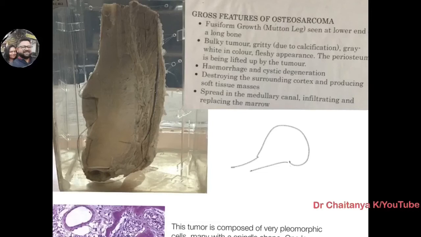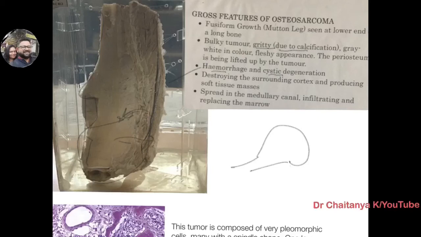This is a fusiform growth at the lower end of the bone, a bulky, gritty tumor, because while cutting it will give a sound due to calcification. It also shows hemorrhages and cystic degeneration, which gives a variegated appearance, destroying the surrounding cortex and spreading into the medullary cavity, infiltrating and replacing the bone marrow.